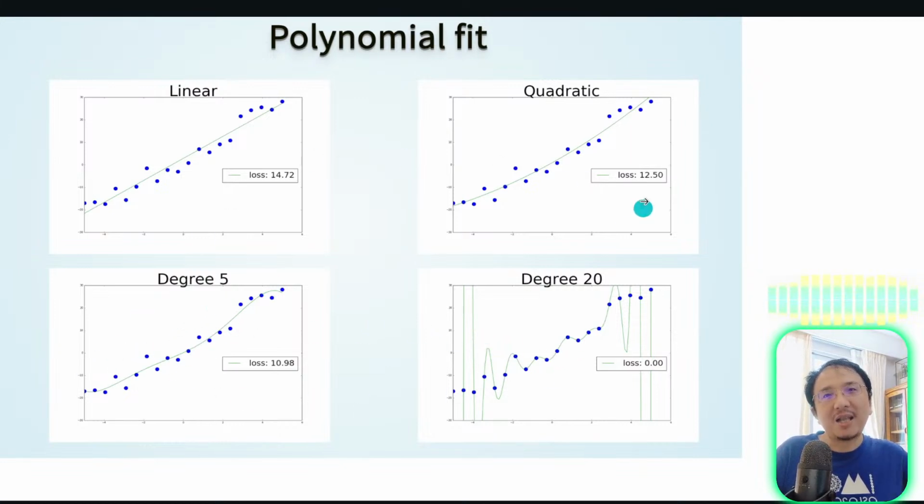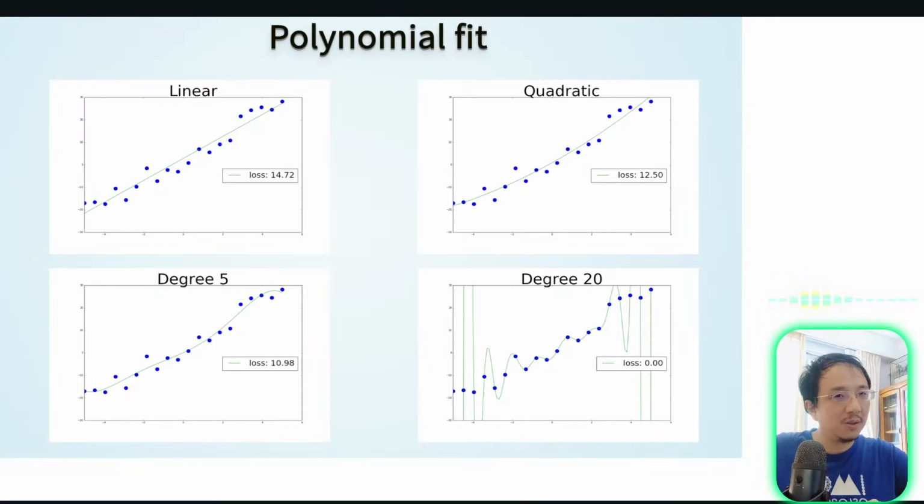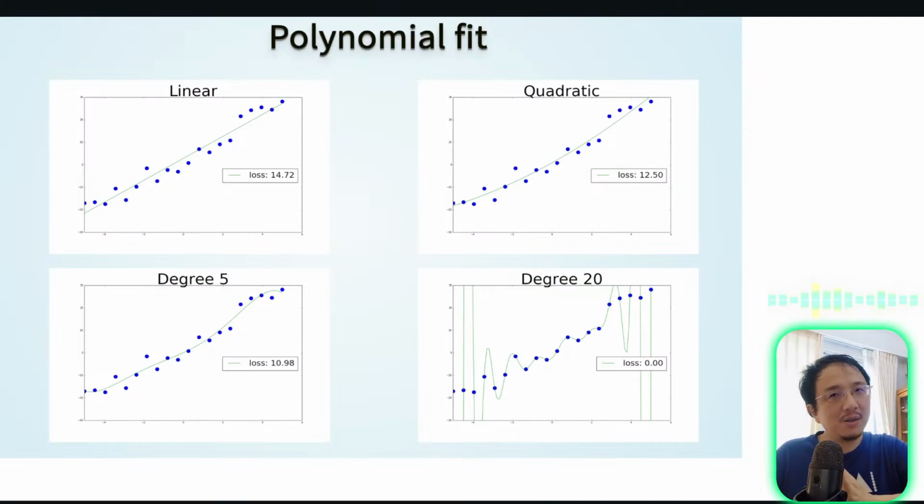All of these higher-dimensional polynomial fits can be done using linear regression, because we can take x squared or x cubed as a feature. We are not limited to x itself. We can use the polynomial features of x. So if we are using polynomial features, we can make the model more expressive, because it is more capable of fitting a more curved curve.